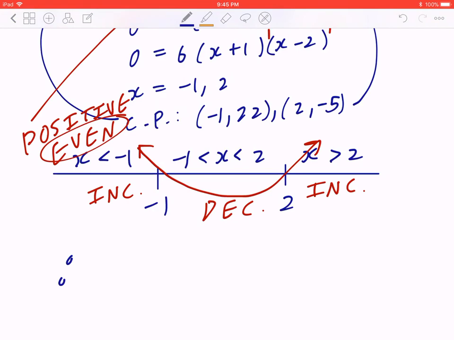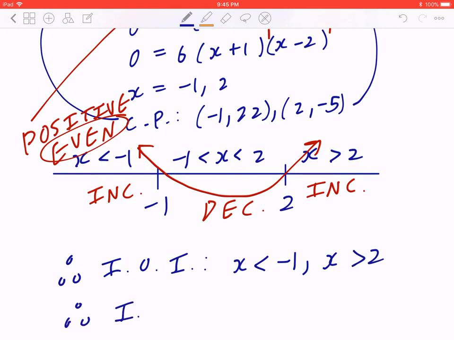So this means the interval of increase is when x is less than negative 1 and when x is greater than 2. The interval of decrease is when x is in between negative 1 and 2.